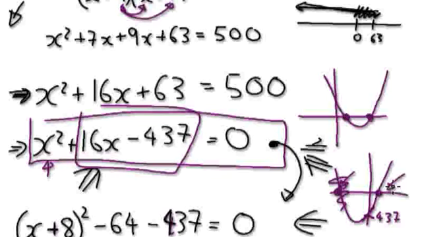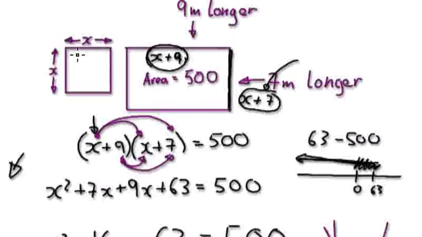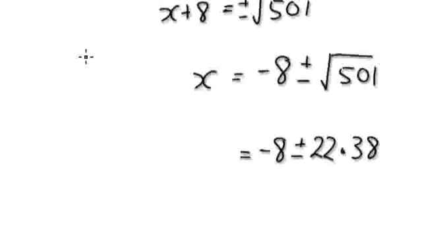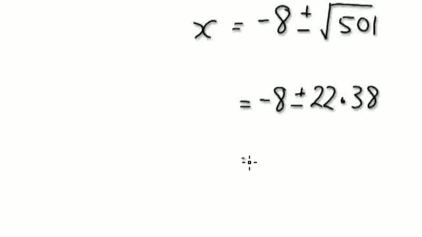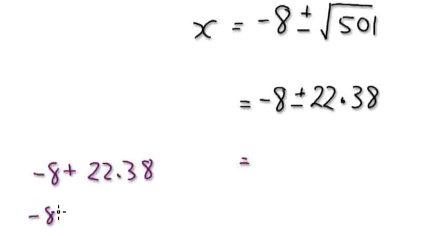It just so happens that this here has a meaning. It represents x, and x represents the width of my house. So here you have two solutions. One would be minus 8 plus 22.38. The other one is minus 8 minus 22.38.